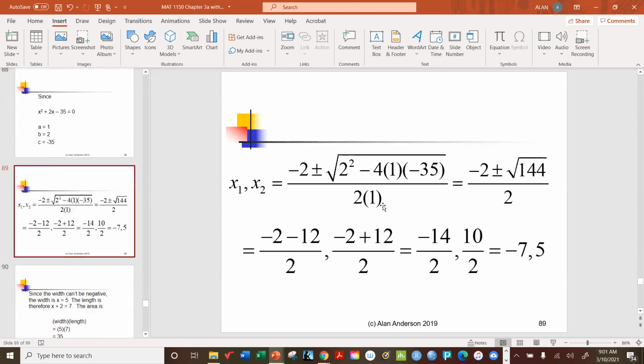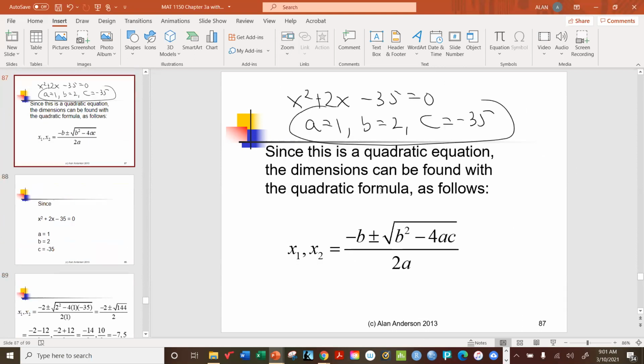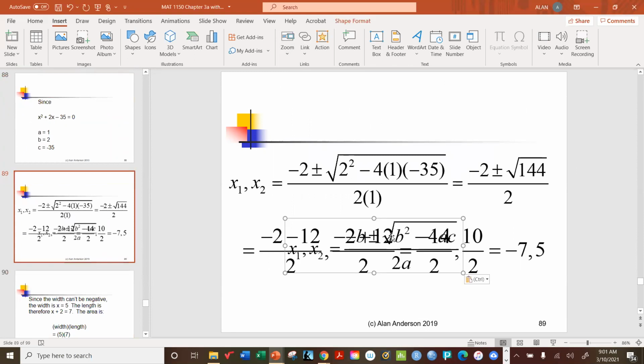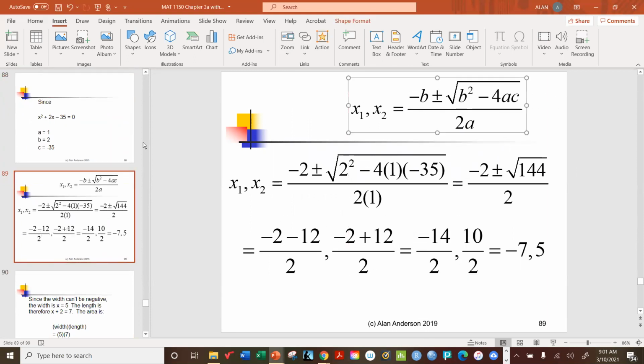All right, so I'm going to plug these in. Let me first copy this formula so you can see everything together in one place. And again, remember that a is 1, b is 2, and c is negative 35. So we start plugging in our numbers and move along here.